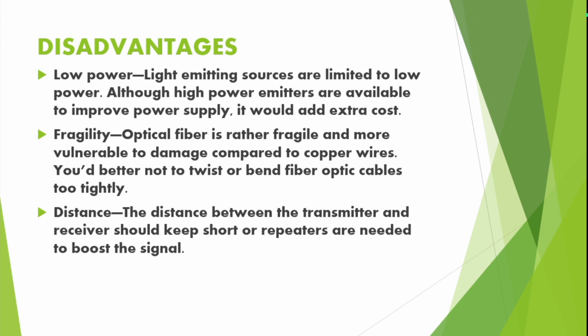Next, distance. The distance between the transmitter and the receiver should be kept short, or repeaters are needed. Okay, if we use it for long distances, then we will use some repeaters to avoid attenuation. So these are some basic disadvantages of optical fiber communication.